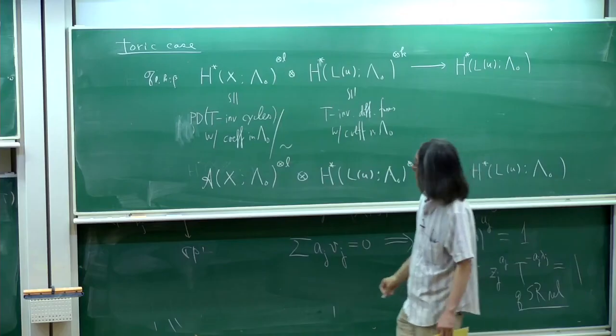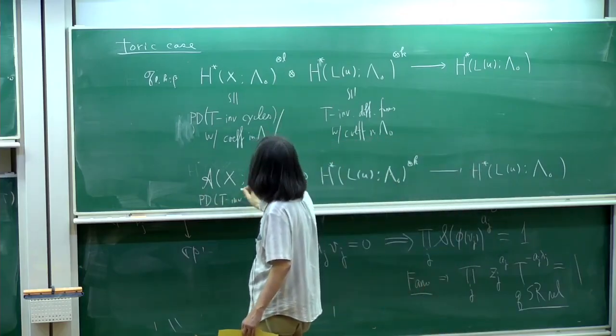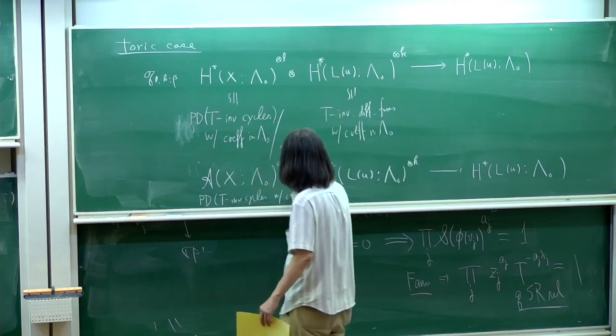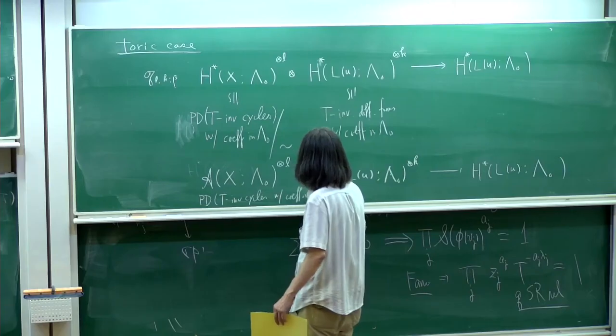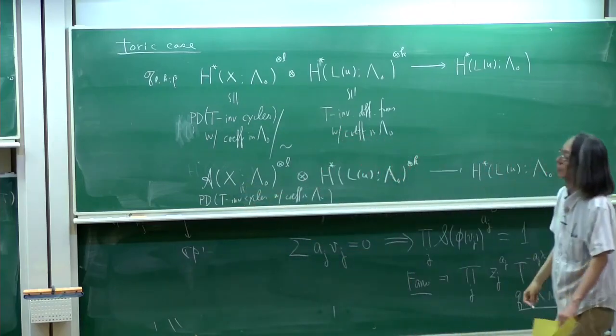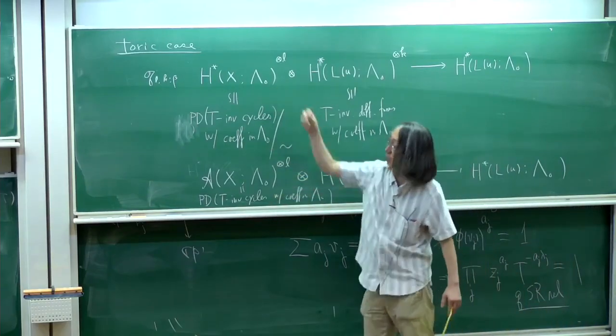So this is actually Poincare duals of torus invariant cycles with coefficient in lambda 0. And then you have some relation, and then you get this. Okay.